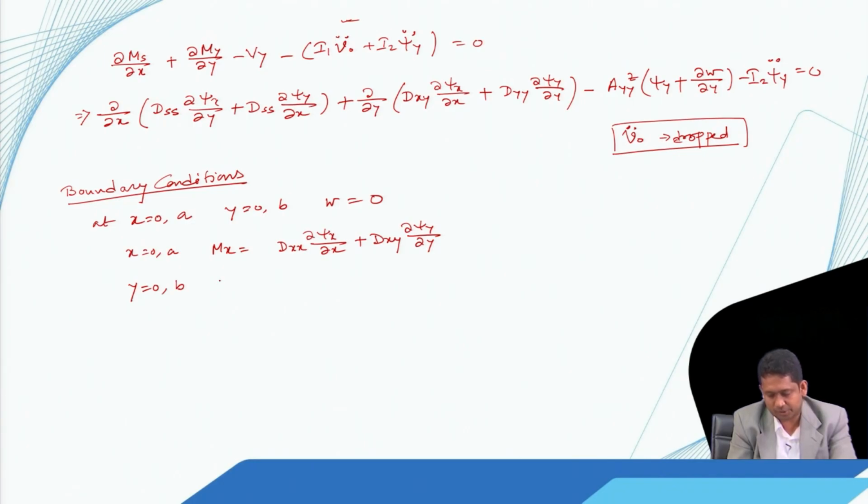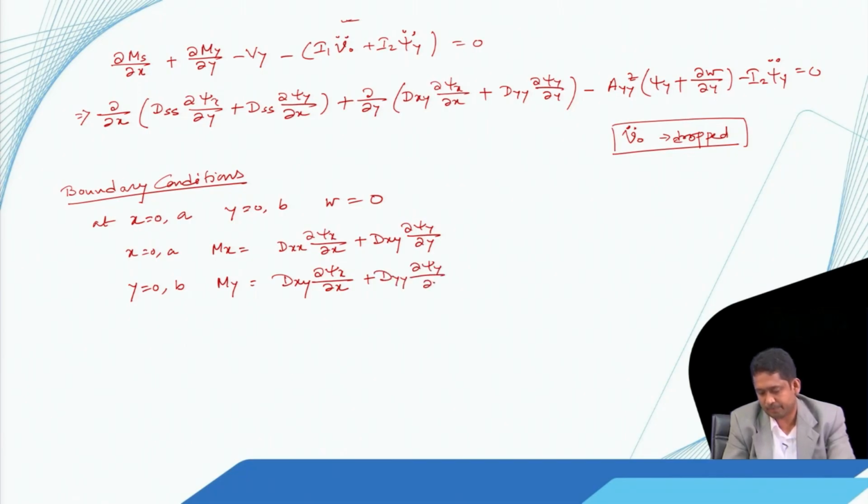And at y equal to 0 and b, we have My equal to Dxy into del psi x by del x plus Dyy into del psi y by del y, both are 0.